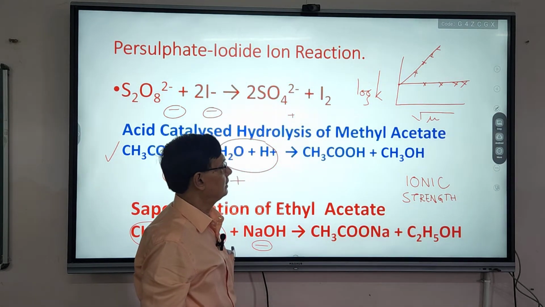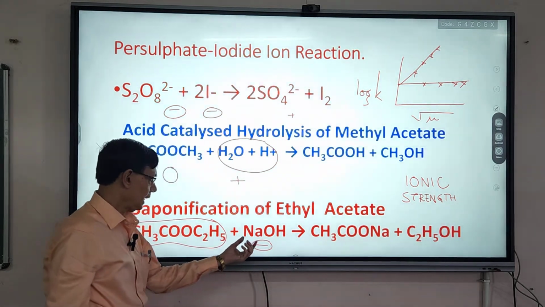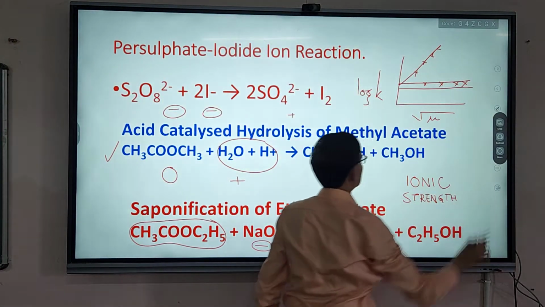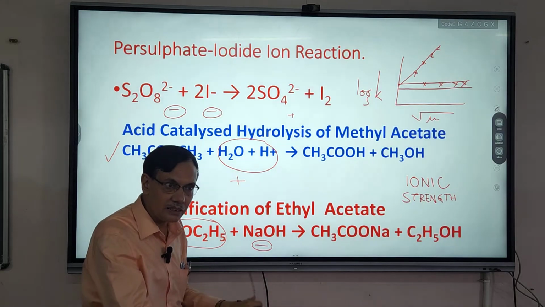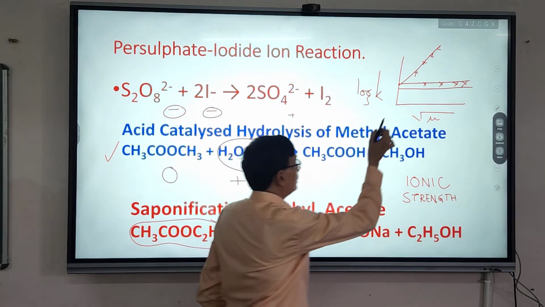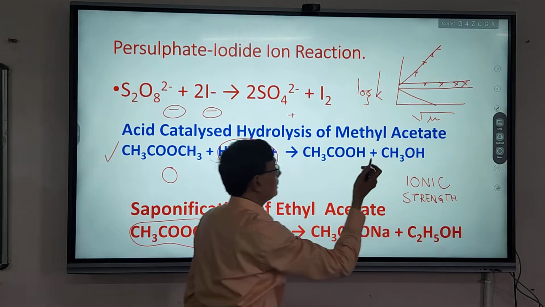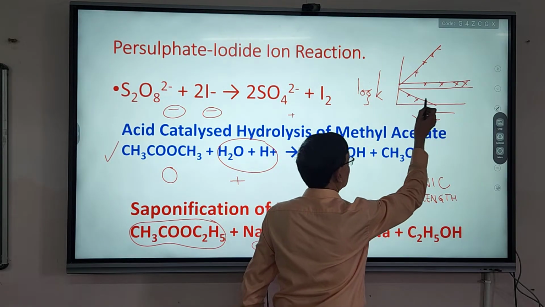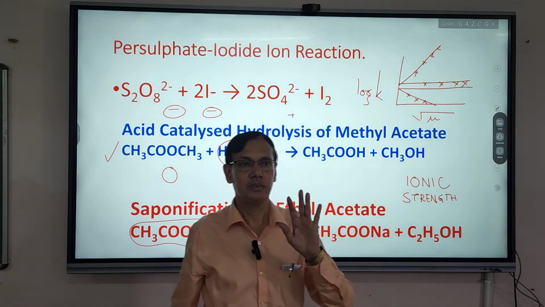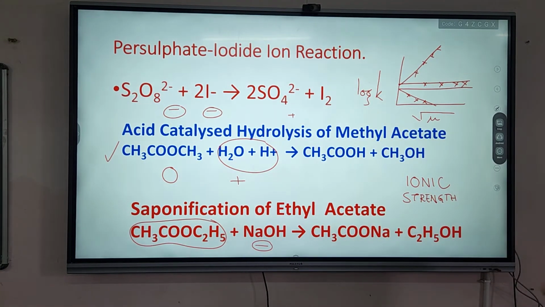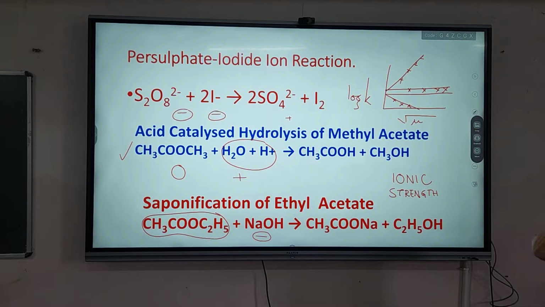In some cases, and even in the hydrolysis of methyl acetate, there is no change. And in some other reactions, I am giving this example. So you are getting three types of observation. In one case, there is no change.